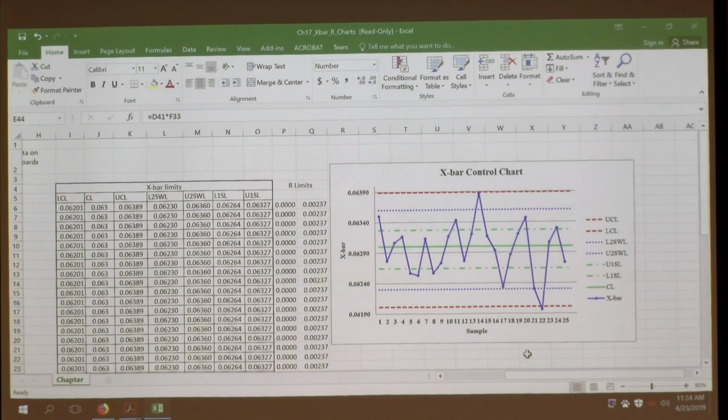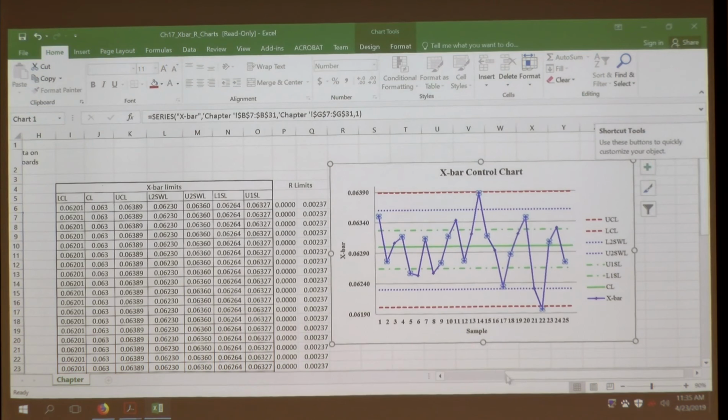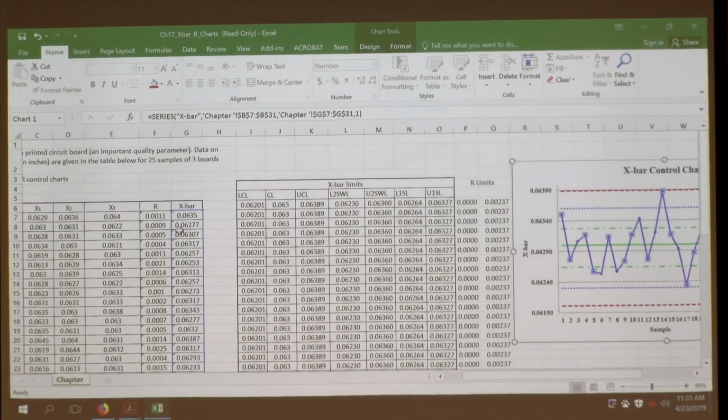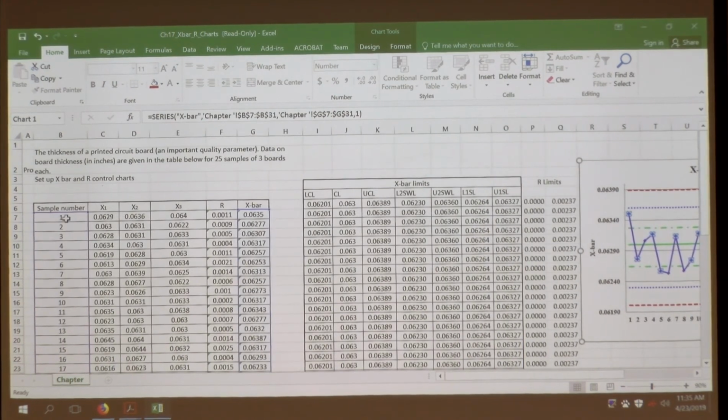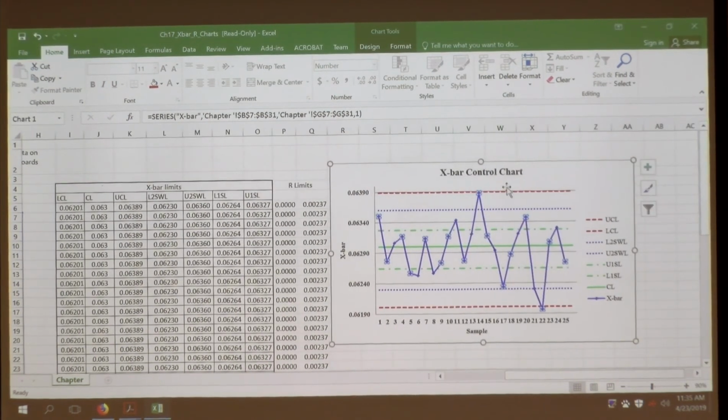The R limit was plotted below. If you click on the data, you will see this is the data we are plotting. The X-axis is sample number, and the Y-axis is X bar. If I click the upper control limit, you see I'm plotting this constant line. The same for the lower control limit column.